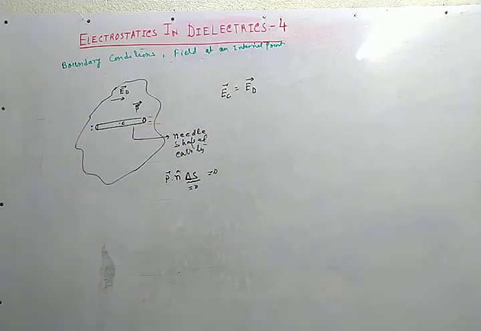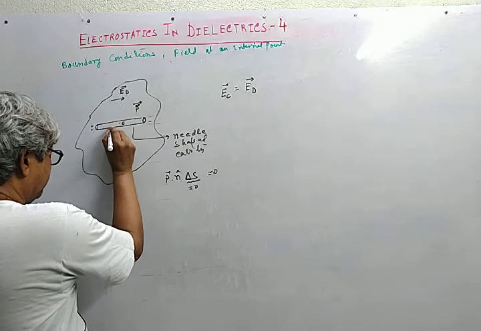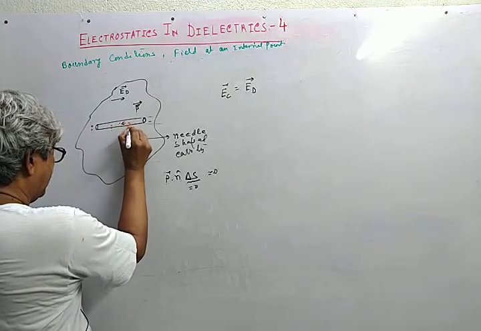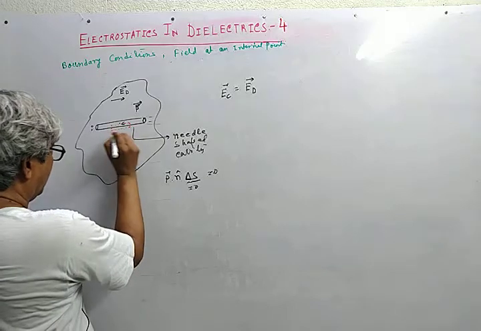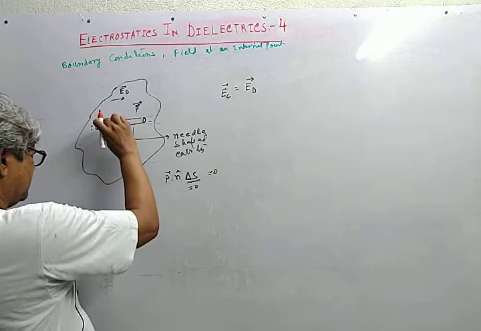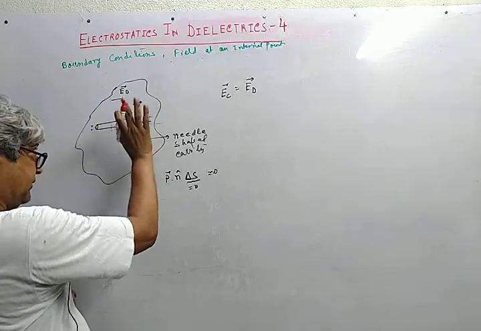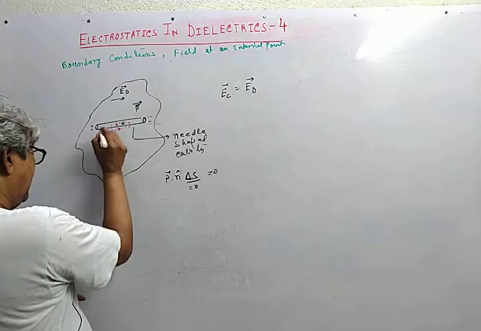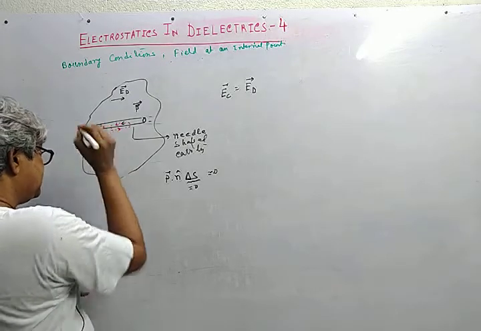This same result can also be arrived at if we use the boundary condition. We choose a rectangular contour shown in the red line, and it is traced out in this. So this part is small, so we neglect this, and the field within the dielectric is ED, and the field within the cavity is EC.